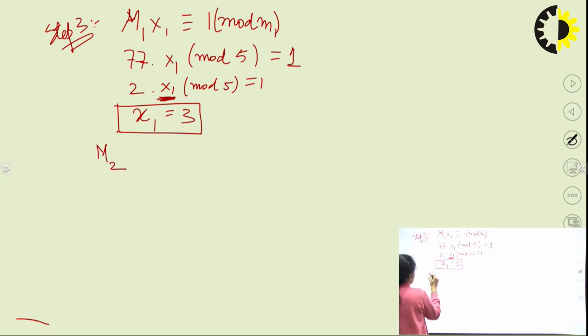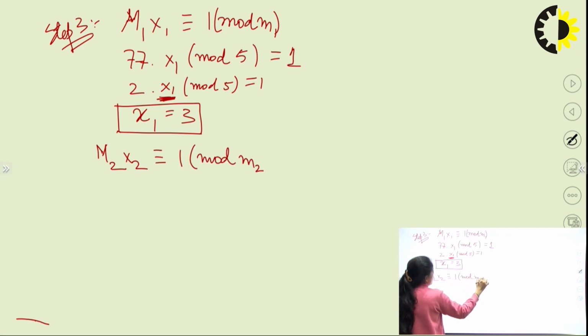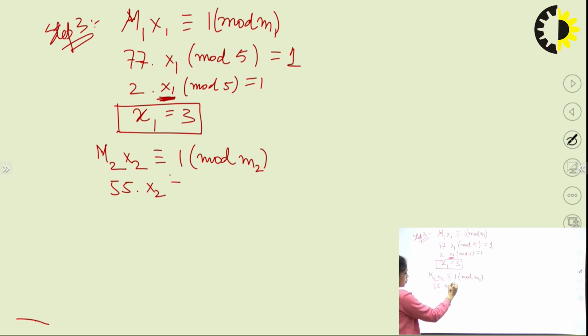For next value, m2 x2 is congruent to 1 mod m2. The value of this capital M2 will be 55 x2 mod 7 is equals to 1.